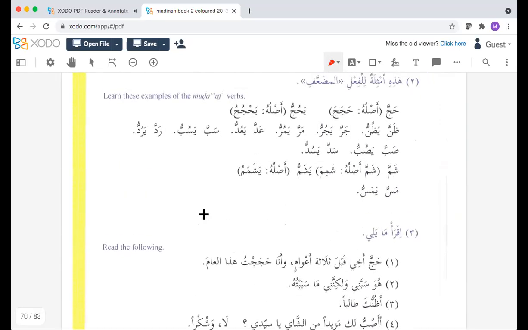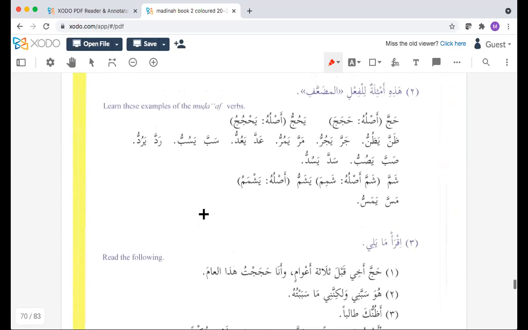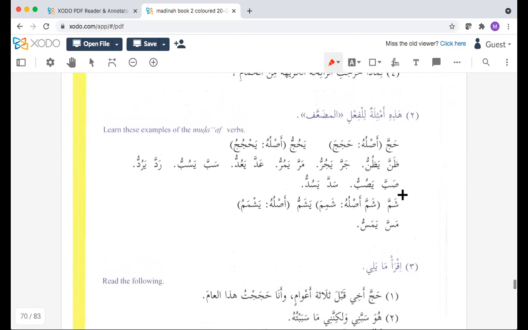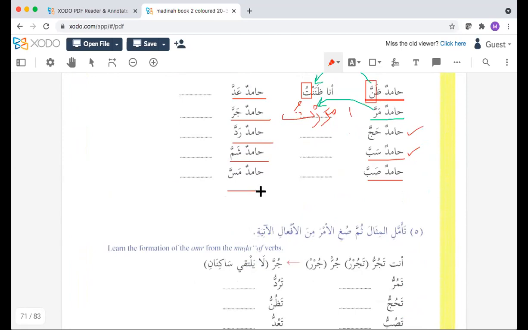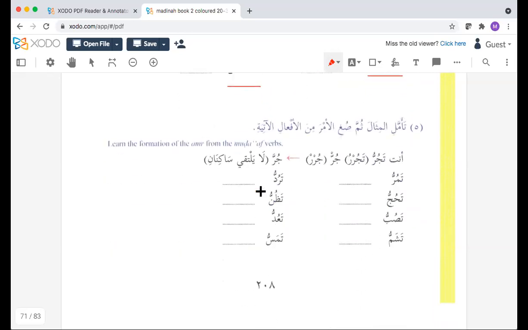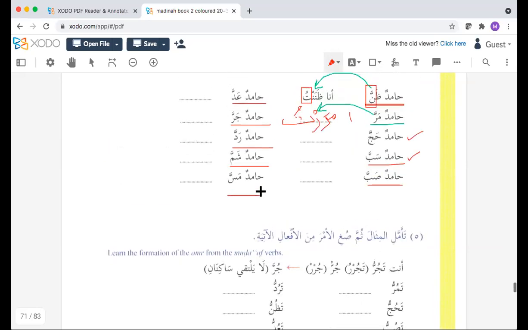Yashammu, the asl is shamima yashmamu, and the same for massa, masisa, yamassu. So the last one here, Imran, do you know how to read this one? أنا مسست. Masistu. Ahsantu, barakallahu feek. Ana masistu. So all of that was fi'l madi.